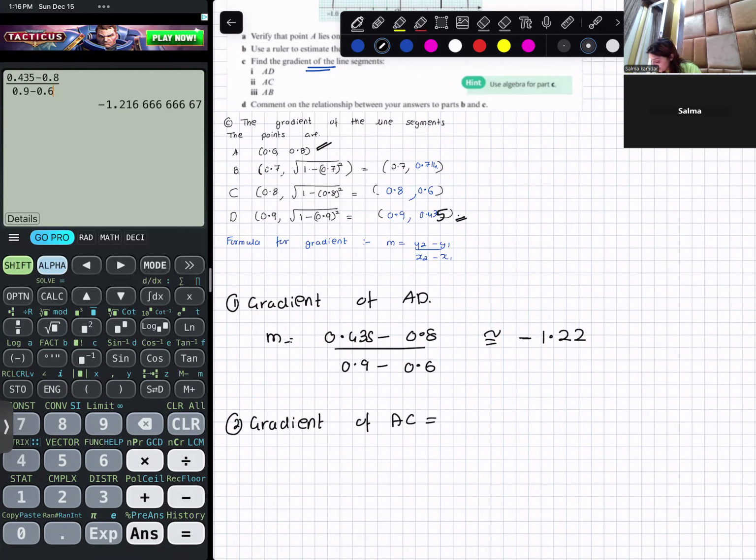Now gradient of AC. Y2 minus Y1, so it is 0.6 minus 0.8, over X2 minus X1, 0.8 minus 0.6.